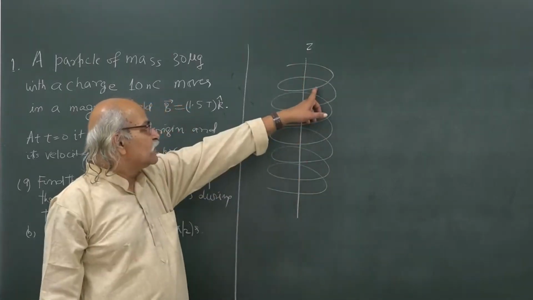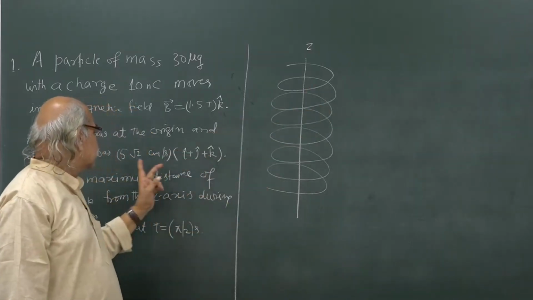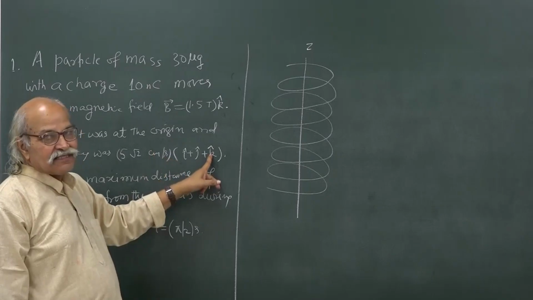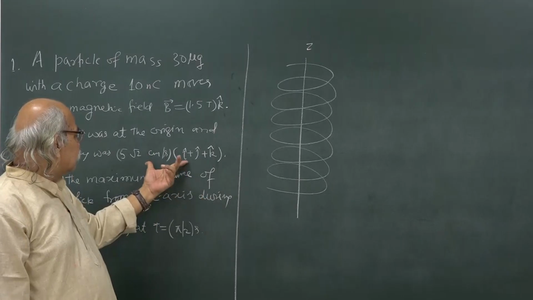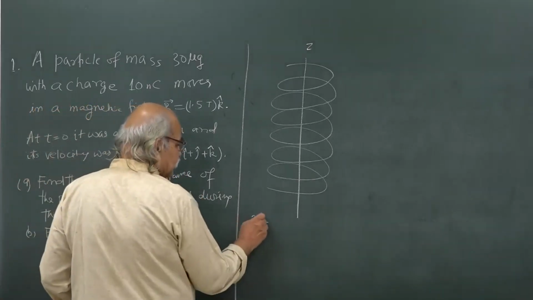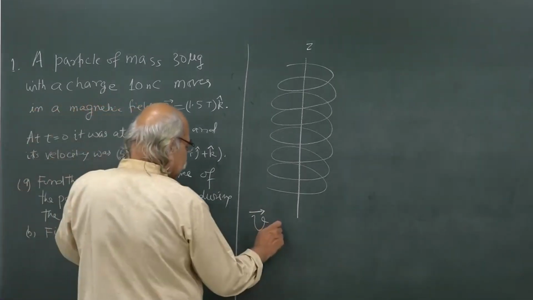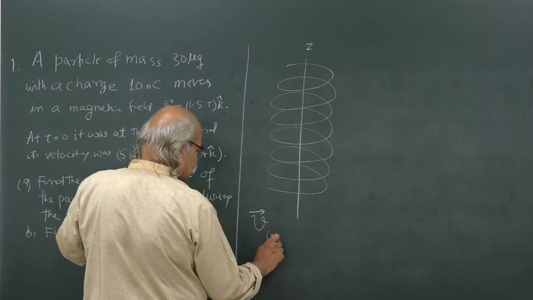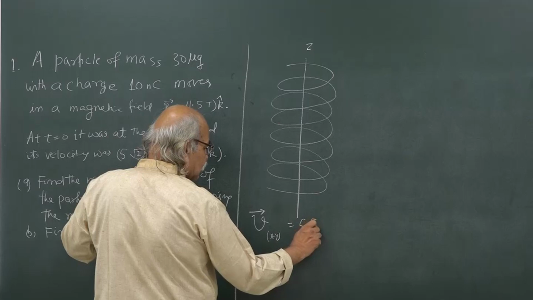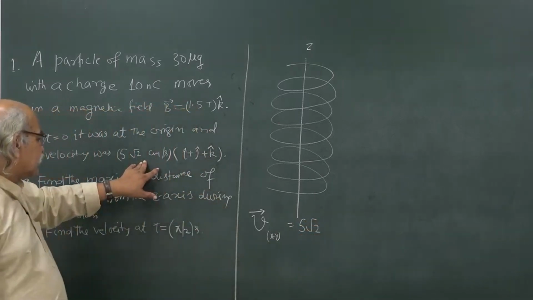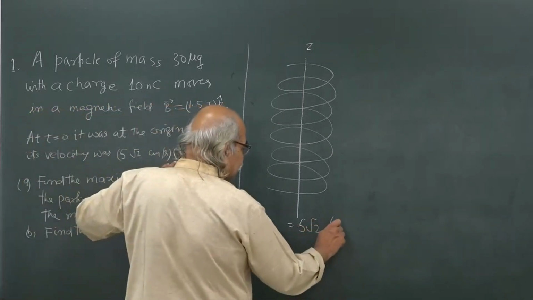At any point its velocity has a z component and that z component is given by this 5 root 2 centimeter per second, that is the z component with which it is going up. Then the perpendicular velocity which is taking it in circle in xy plane, that is 5 root 2 (i cap plus j cap). We will do the work in centimeters and seconds.